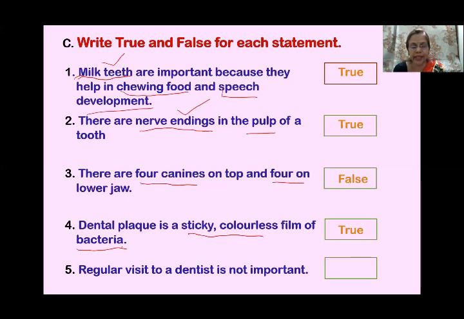Regular visit is essential because they only can take care of our teeth. Whenever decay is there, they will correct it. So it is a false statement because regular visit to a dentist is essential.